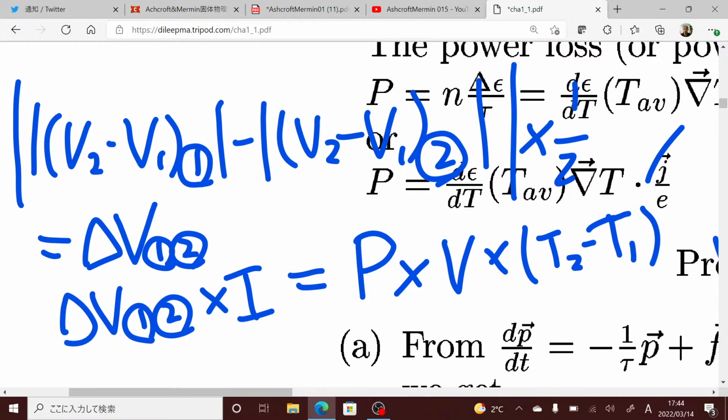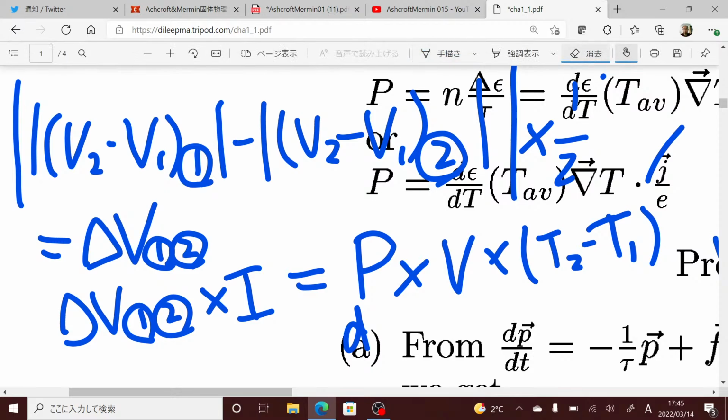Then we can insert this P value. P is this guy, so I can maybe delete this above.